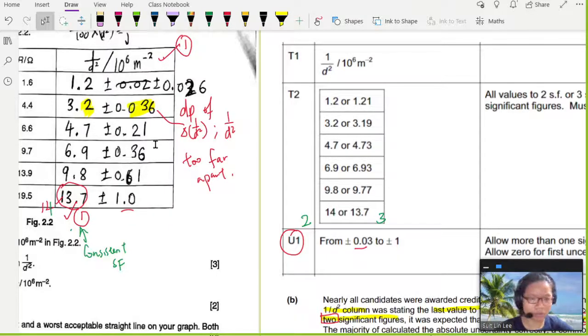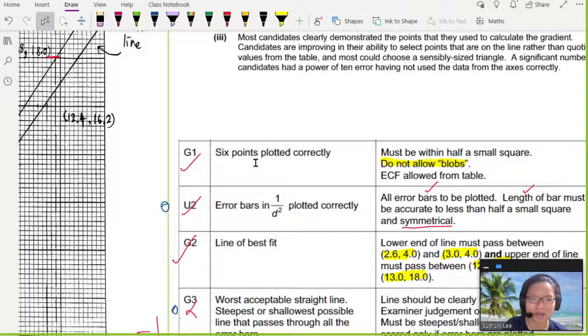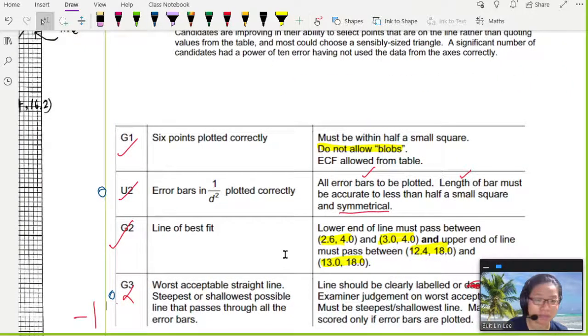Any error bar that is more than 1 or 2 cm long, you are wrong. Please go check your working. So put something reasonable, maybe 0.4, 0.6. Then the marker will take away this mark from you, but there is ECF. So then for this one, we take the ECF from the table.